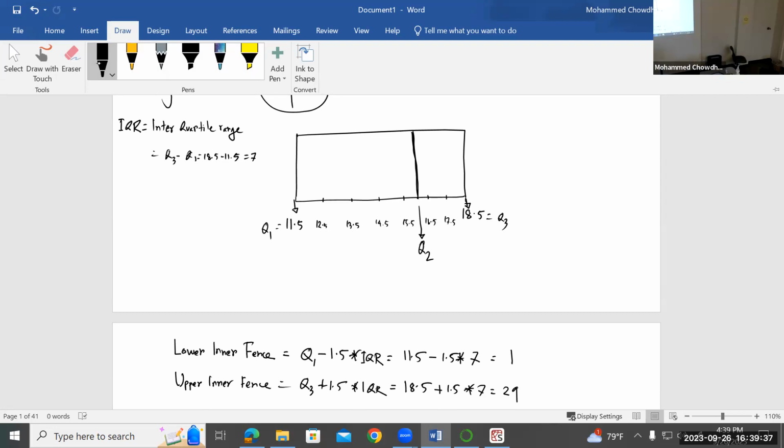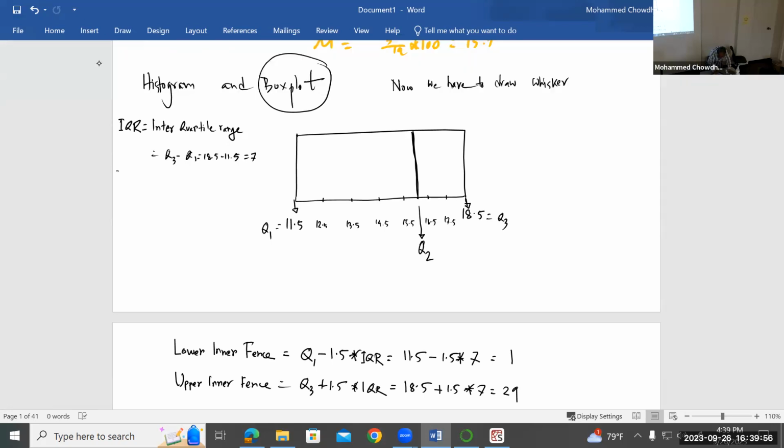So I got a lower inner fence which is equal to 1. It will come here: 11.5, 10.5, 9.5, 8.5, 7.5, 6.5, and then 5.5, 4.5, 3.5, 2.5, 1.5, and 1. Suppose this is equal to 1. Are you understanding? And similarly, it will go to 29. Suppose this is equal to 29. Clear?